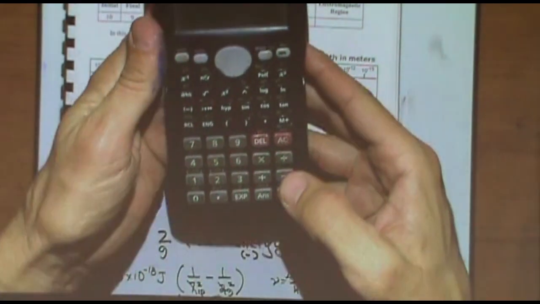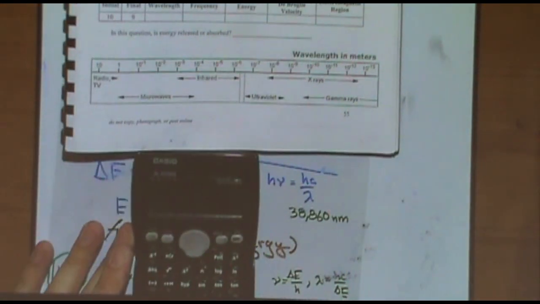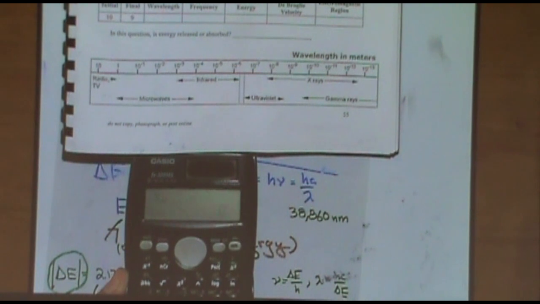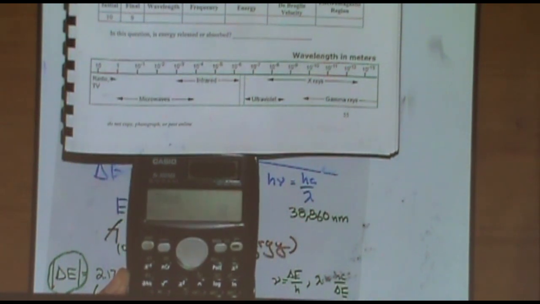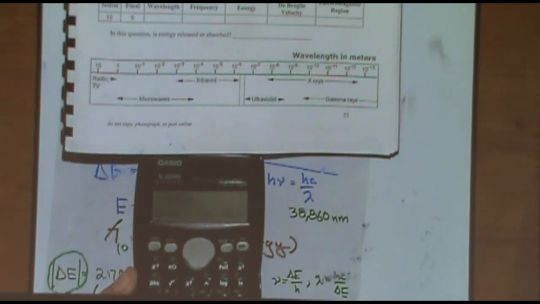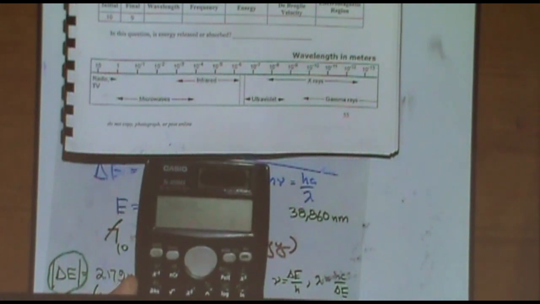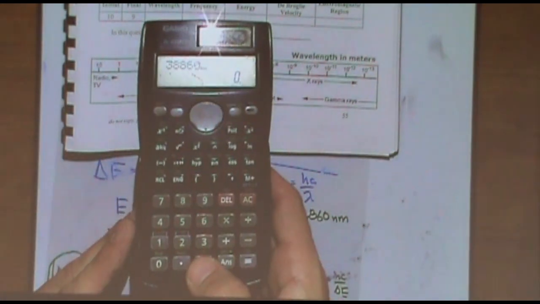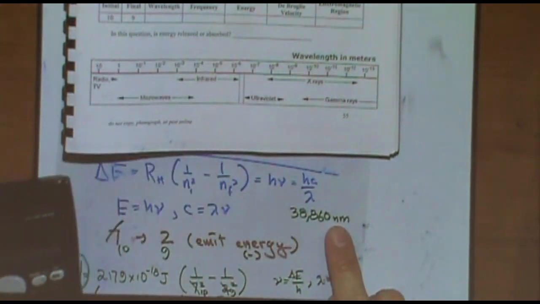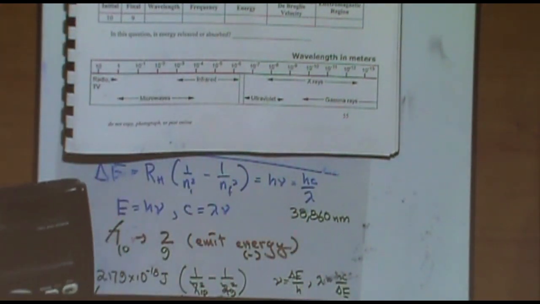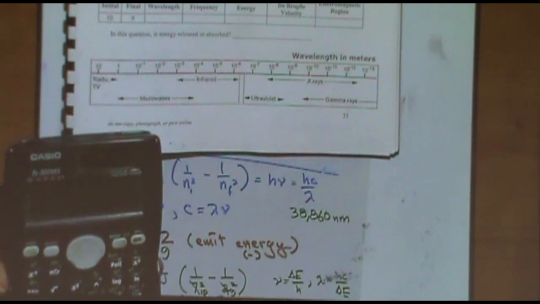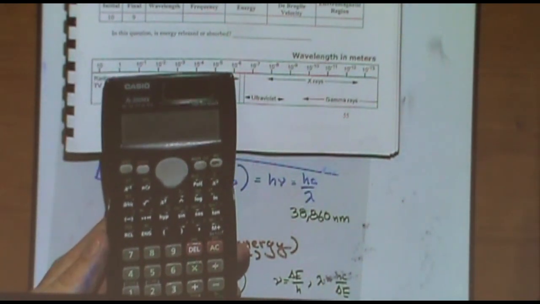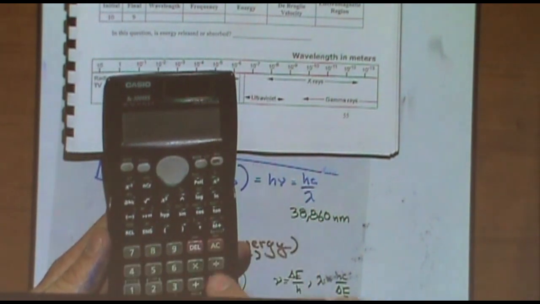Just want to make sure everybody can read the table. Clear? There we go. 38,860. And then I have this E button. Most of you might say double E. Nanometers. If I want to go to meters, would I go -9 or +9? -9. So my minus sign is here.